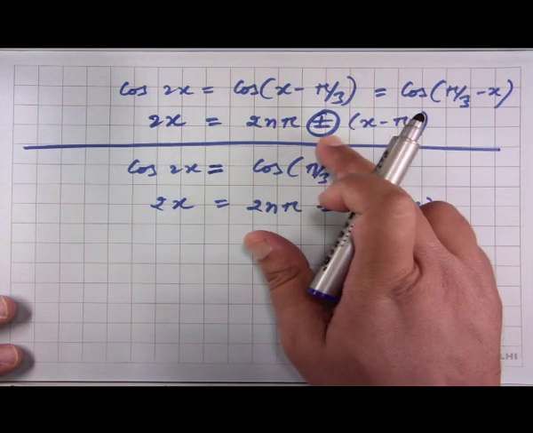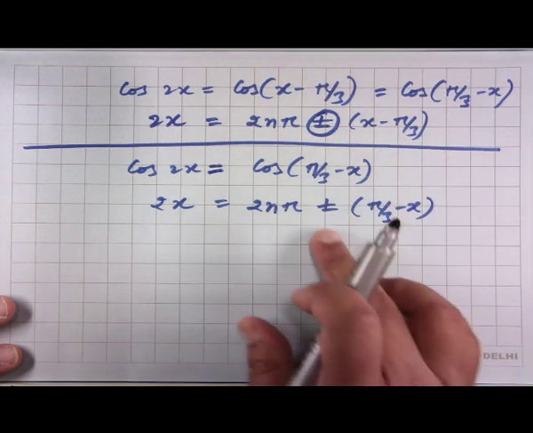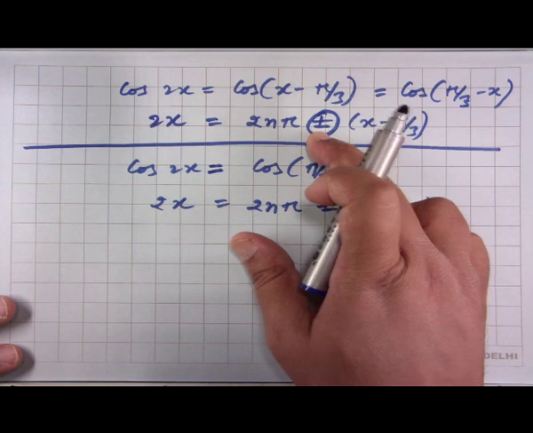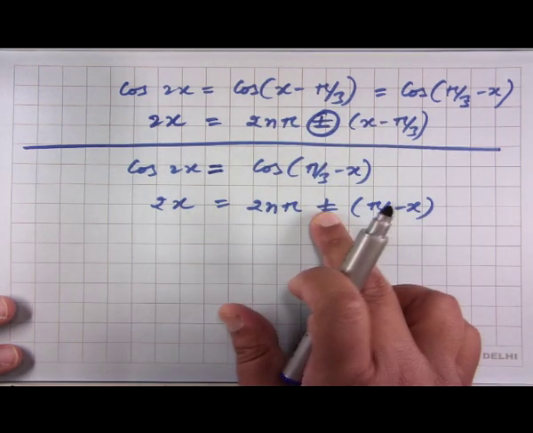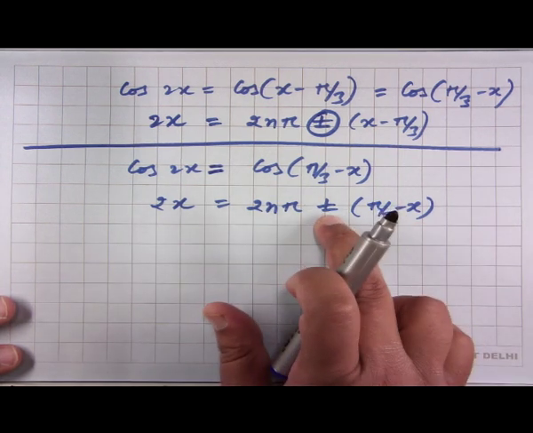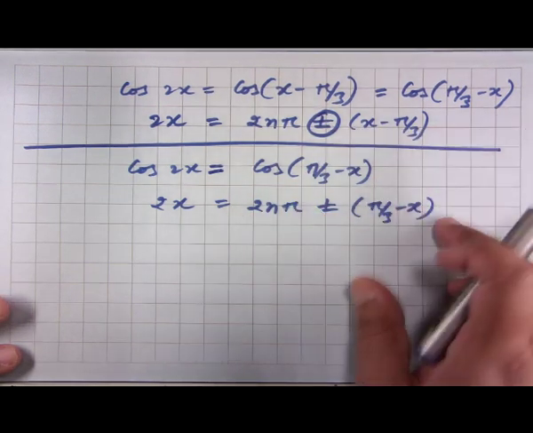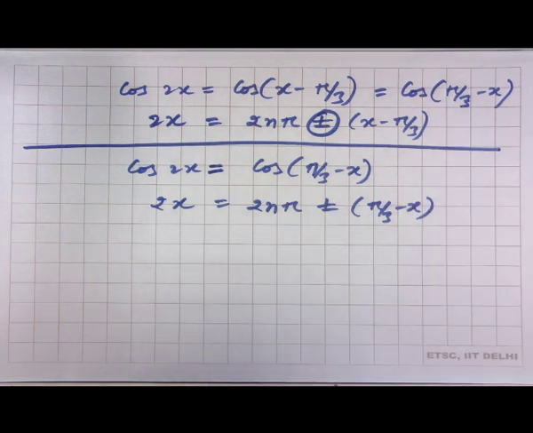When we take the minus, we get 2n pi minus x minus pi by 3. So when we take the minus sign here, the expression is exactly equal to what we get in this case with the plus sign. And similarly, what we get here with the minus sign is exactly equal to what we get here with the plus sign. So that is why both are going to give us the same solution.